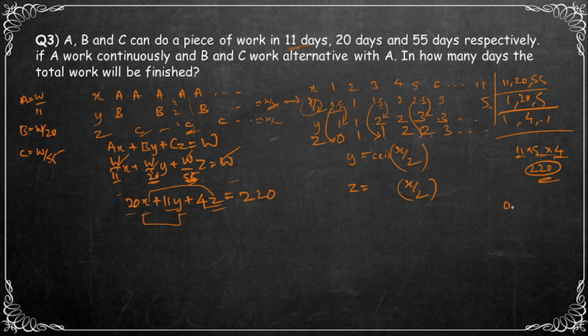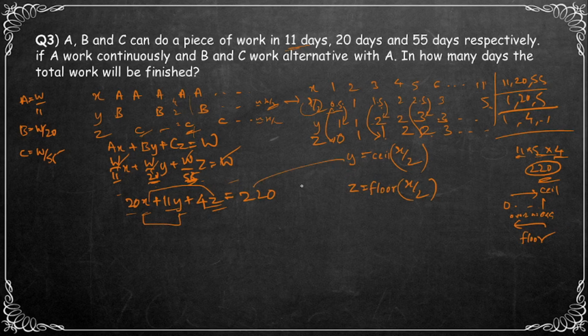Between 0 and 1, there are values like 0.1, 0.2, 0.3, up to 0.99. If we want to convert to the above integer, it is called ceil. If we want to convert to the lower integer, it is called floor. So z is equal to floor of x divided by 2.